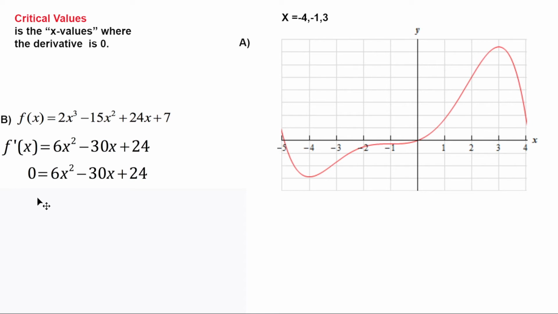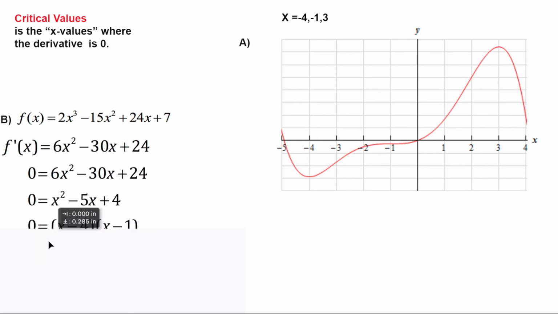However, before we start factoring, notice that all terms are divisible by 6, or they have a 6 in common. So if we divide both sides by 6, we can really trim down this trinomial. So I divide both sides by 6, and now I'm looking at a very easy trinomial to factor. And that's what I'm going to do next.